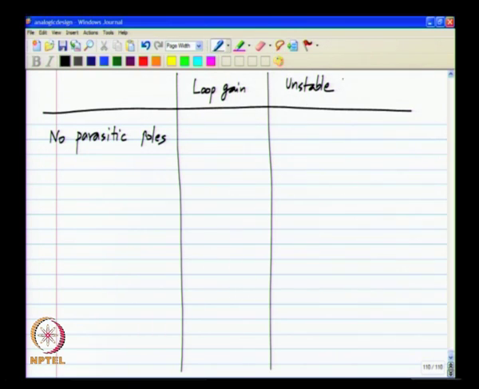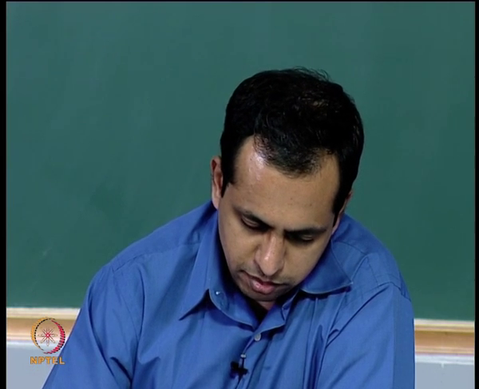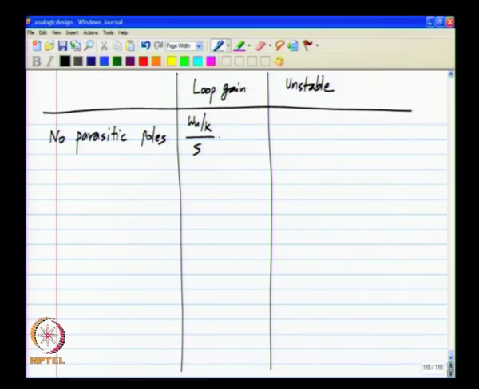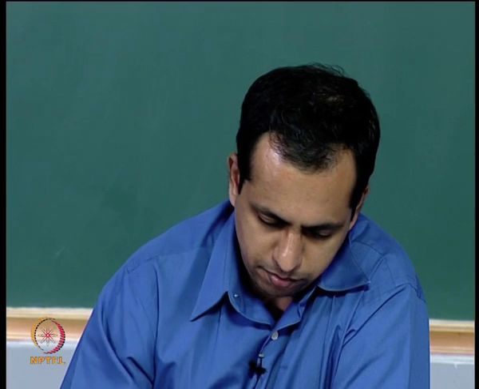If you use an integrator of unity gain frequency omega u and make an amplifier with a gain of k with it, it will have a loop gain like this, which corresponds to omega u loop by s, and this will actually never ever become unstable, it is unconditionally stable. Okay. It is a first order system with a pole at omega u by k, and it is unconditionally stable.